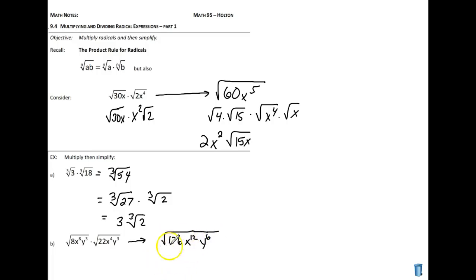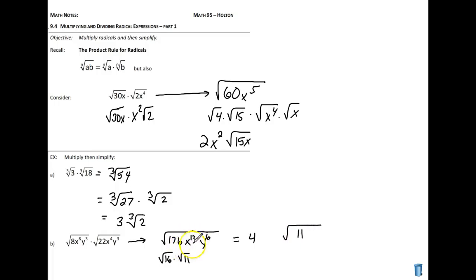So really, I'm looking for a perfect square factor of 176. And that is really square root of 16 times the square root of 11. So when I simplify that, I have, of course, the x to the 12th and the y to the 6th. So this becomes a 4, and inside my radical stays my 11.